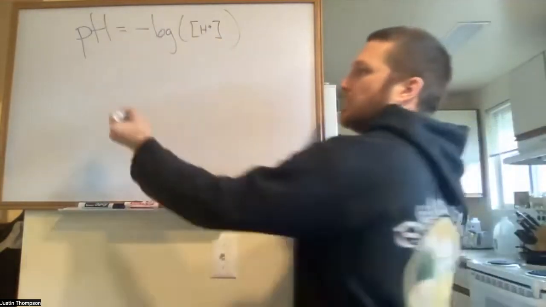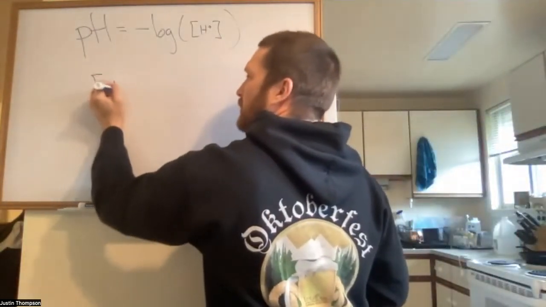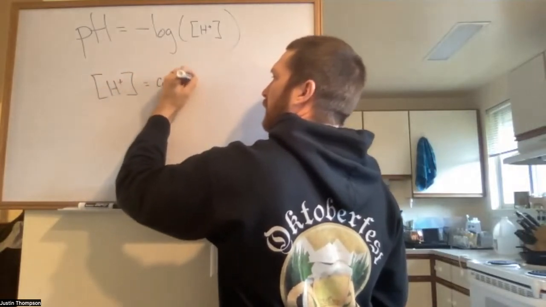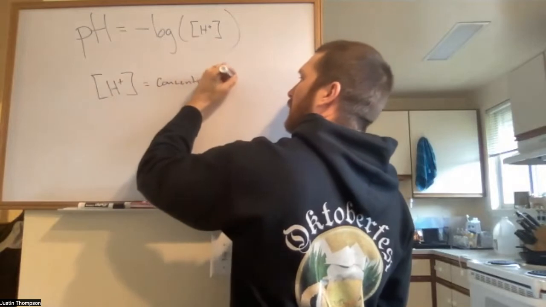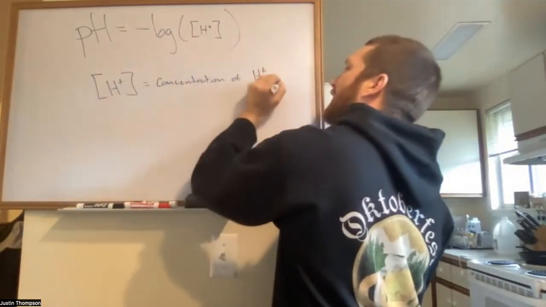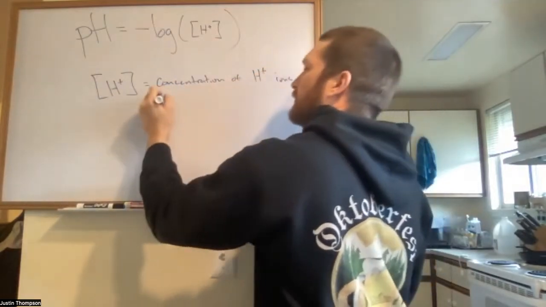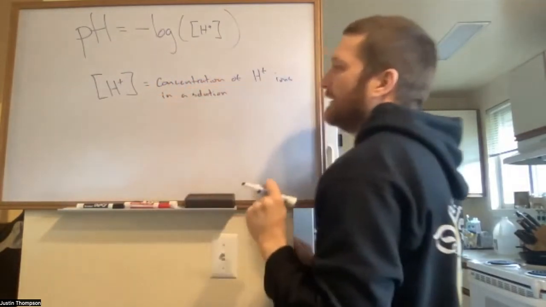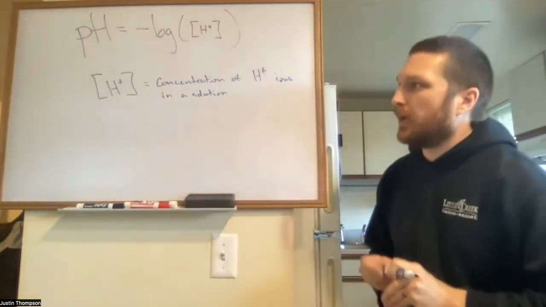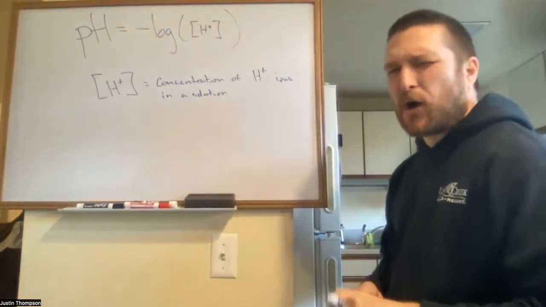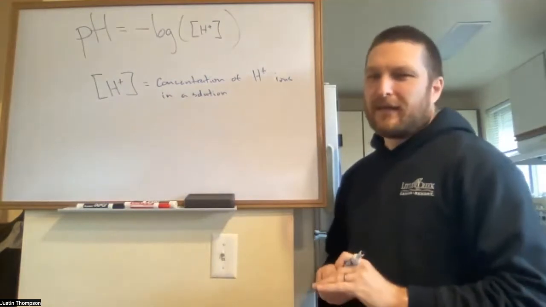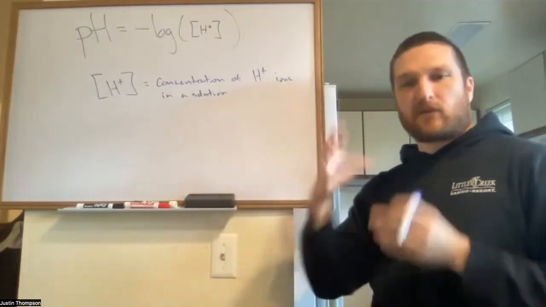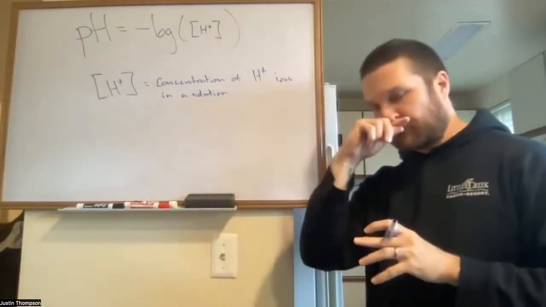Well, this right here is the concentration of H+ ions in a solution. We're talking about the acidity of something. And I think it's the Bronsted-Lowry theory of acidity that we can think about acidity as how many hydrogen ions are in a solution.